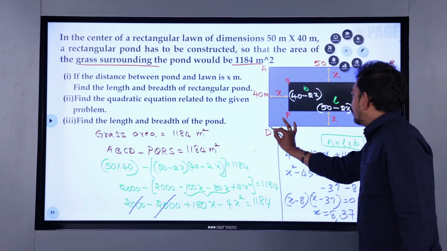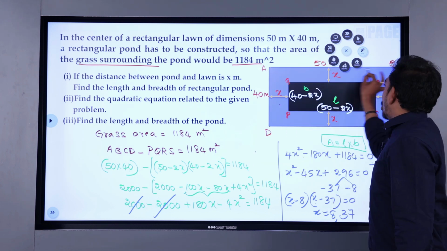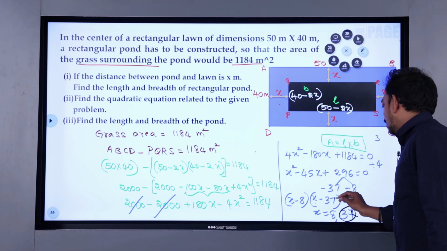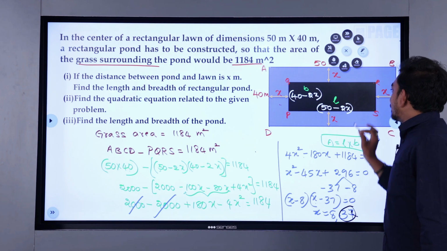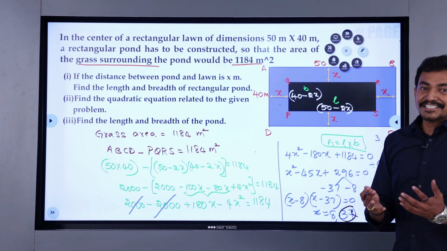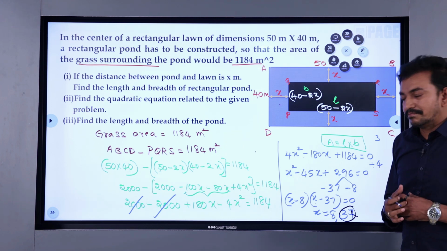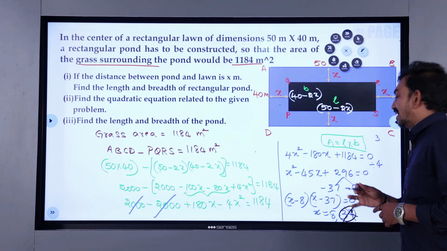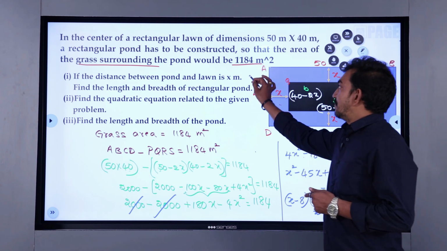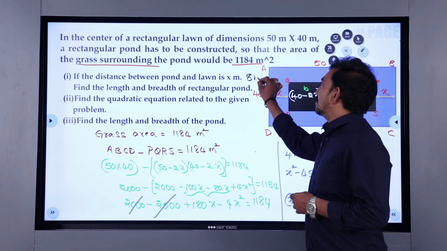We were given the length of this rectangular lawn as 50. In case x is 37, 2 into 37 is 74, and 50 minus 74 is minus 24. Is it possible to have a negative length? No. So 37 doesn't make any sense at all. So x is 8, and the distance between the pond and the lawn is 8 meters.